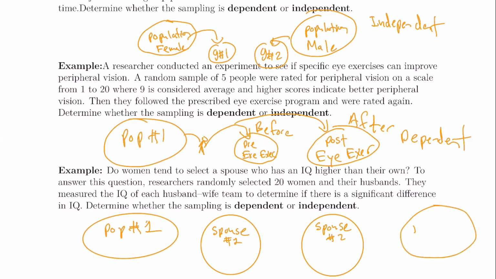And then we get these other population of married couples. And then we randomly select one person to go here, and we randomly select somebody from that population to go here. And then we're going to compare their IQ scores. So would that make sense to do it like that?